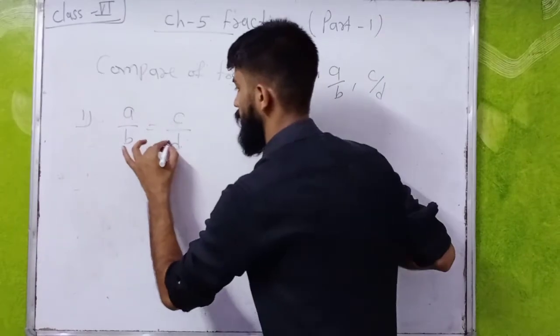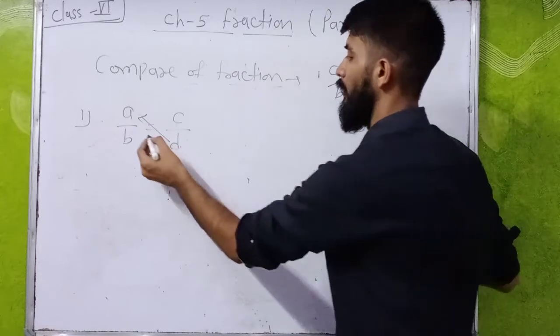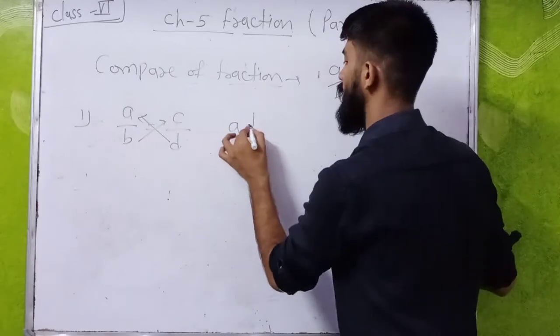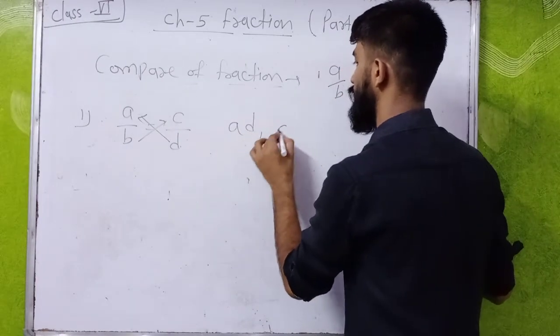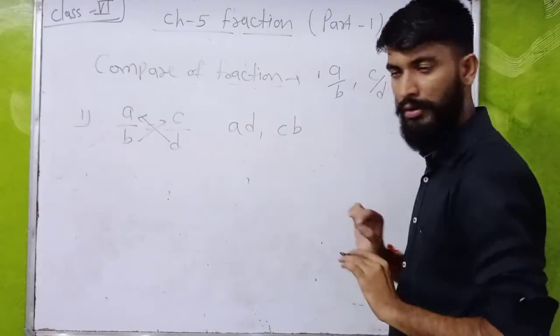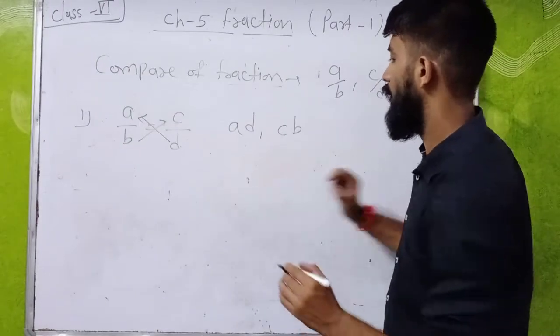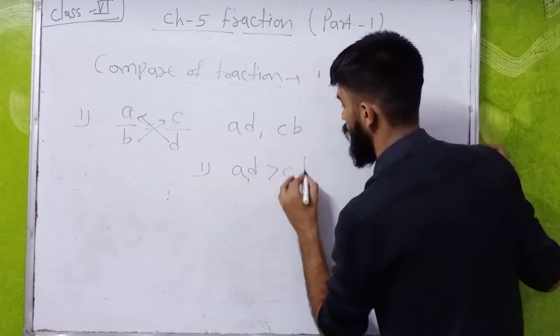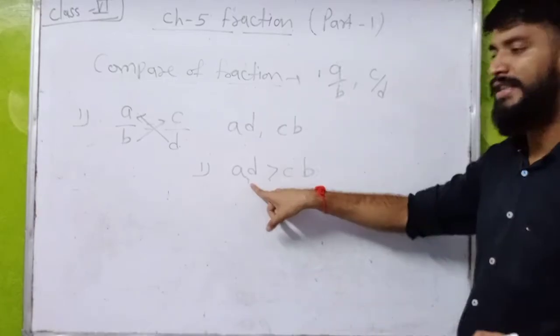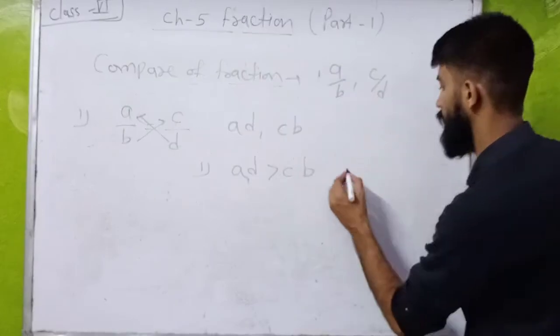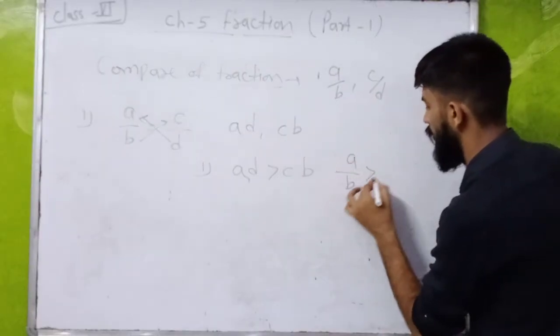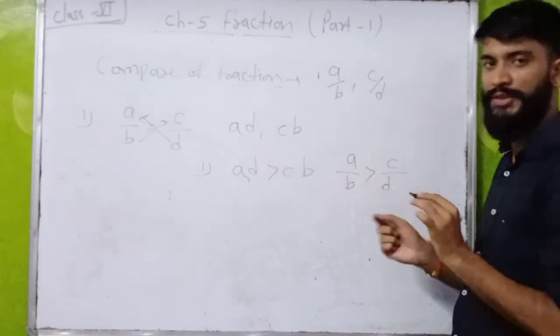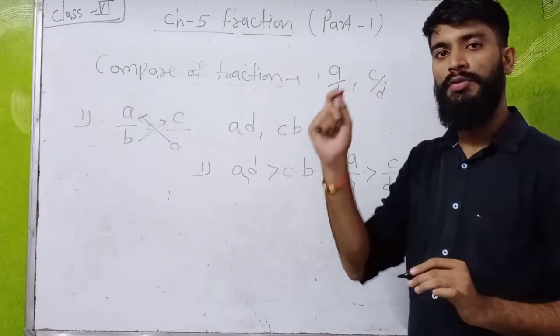First of all, cross multiply, that is, a multiplied by d and c multiplied by b. Clear? Now if a times d is greater than c times b, then the first fraction is greater compared to the second.